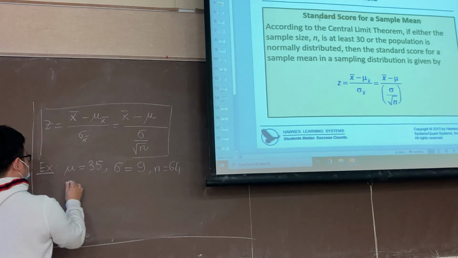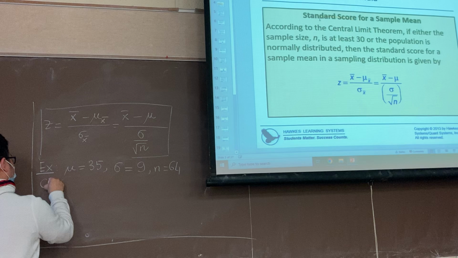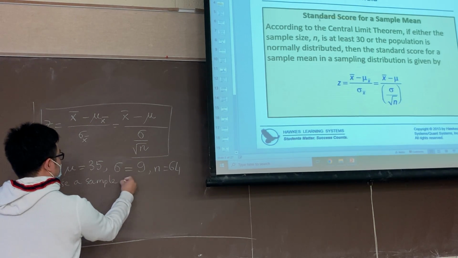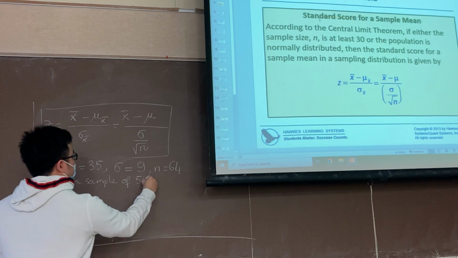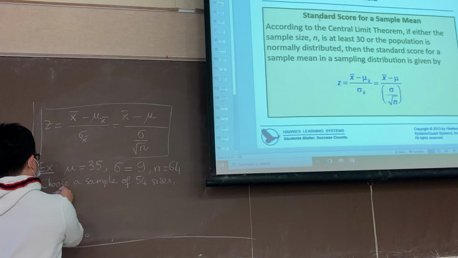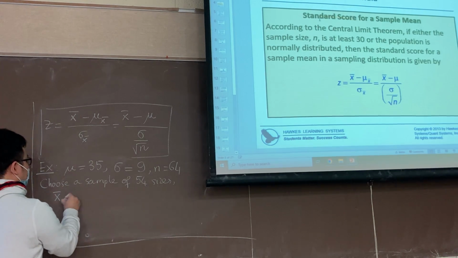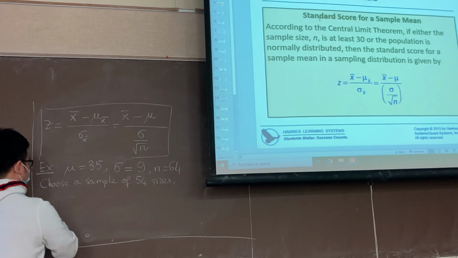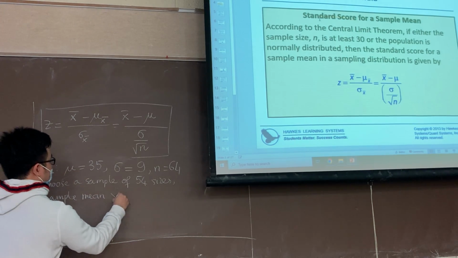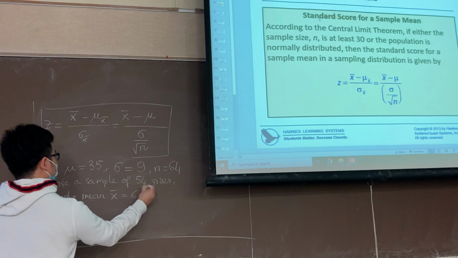I choose a sample, and x bar here is the sample mean of this sample. X bar here is 60, something like this.